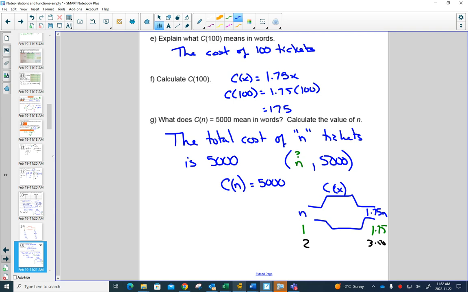So what do we know here? We know that 1.75 N is equal to 5,000. And you have algebra skills. You should be able to figure out with your calculator, with algebra, how do I find out what N is?